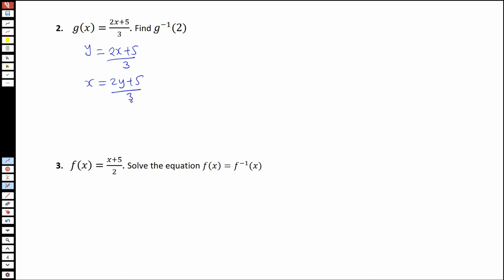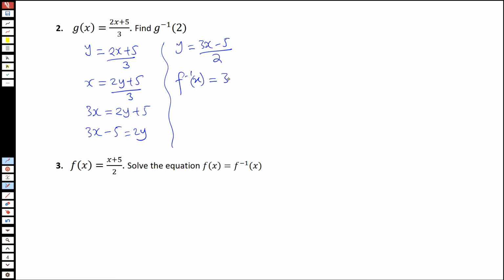The opposite of dividing by 3 is multiplying by 3. So we have 3x minus 5 equals 2y, which implies that y will be equal to 3x minus 5 divided by 2. So the inverse function here will be equal to 3x minus 5 divided by 2.